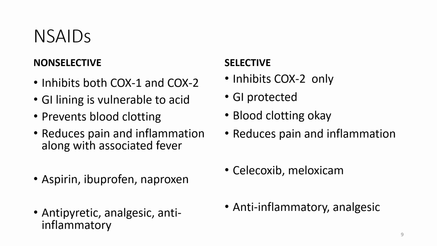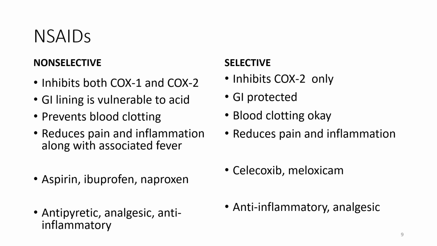Selective NSAIDs are only inhibiting those COX-2 enzymes. So our GI is still protected. We are not going to have that blood clotting issue because we're not taking aspirin, and it still reduces our pain and inflammation. The selective ones are going to be your celecoxib and your meloxicam. Those typically always require a prescription.